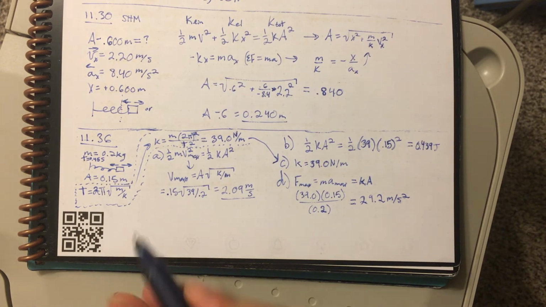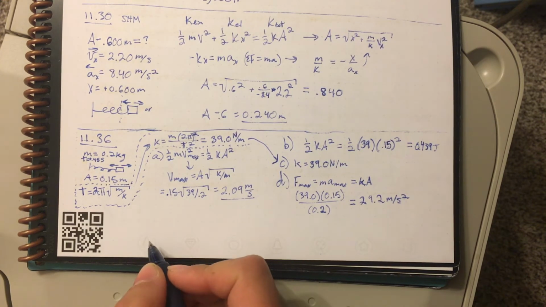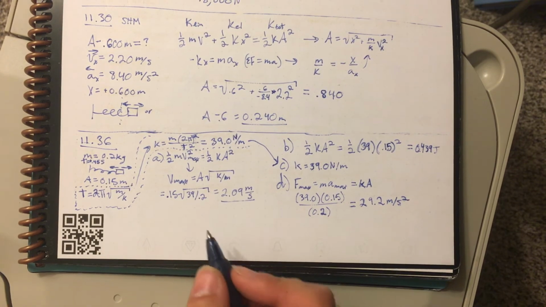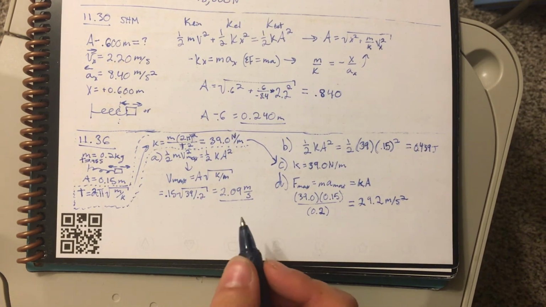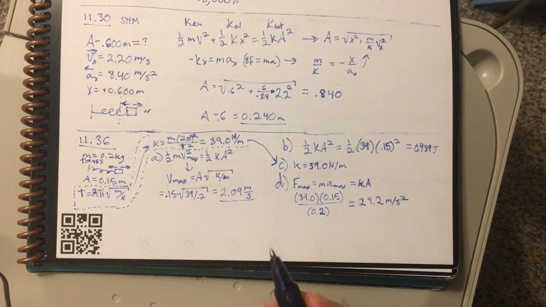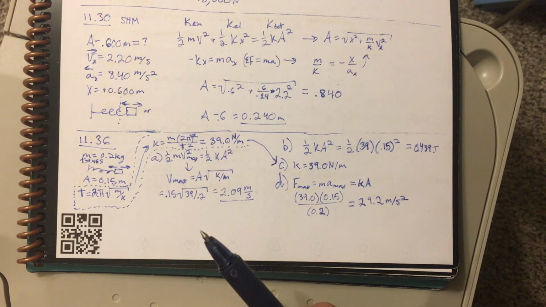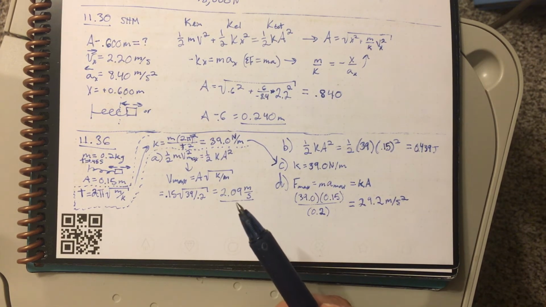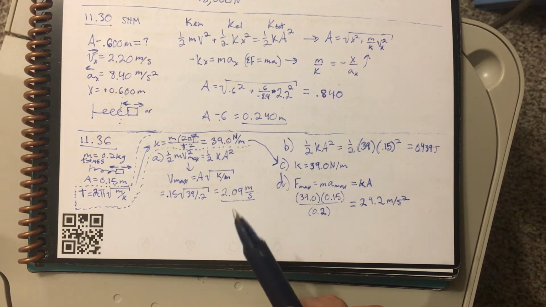Whenever something passes the equilibrium point, you know that that's going to be the maximum velocity it can have, so just something to remember. B, the total energy of the system. C, the spring constant. And D, the maximum acceleration of the mass.